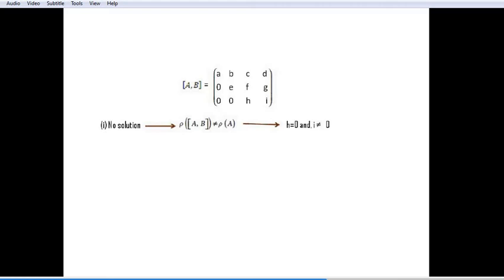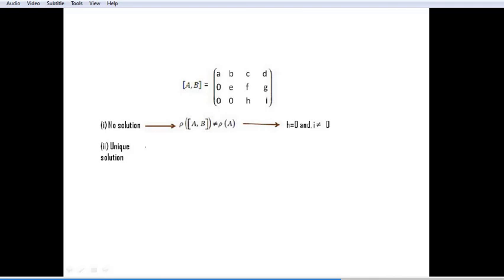So for no solution, h should be equal to 0 and i is not equal to 0. h is the third row, third element, and i is the third row, fourth element. For no solution, the third row third element should be equal to 0, and the third row fourth element is not equal to 0.